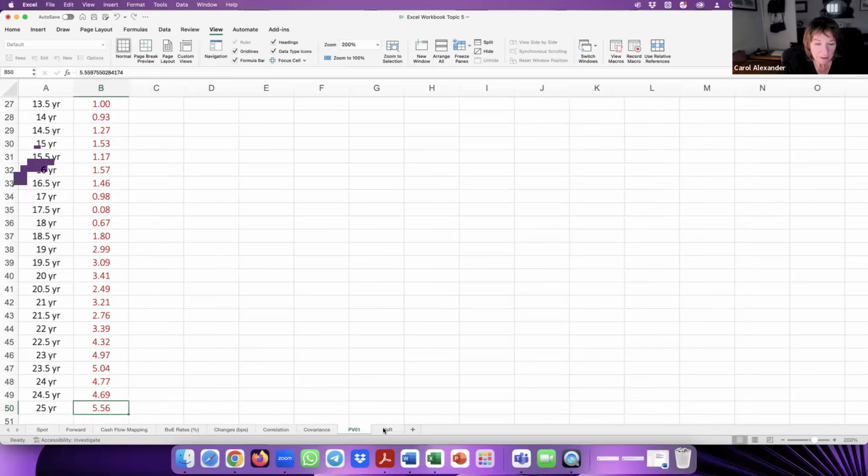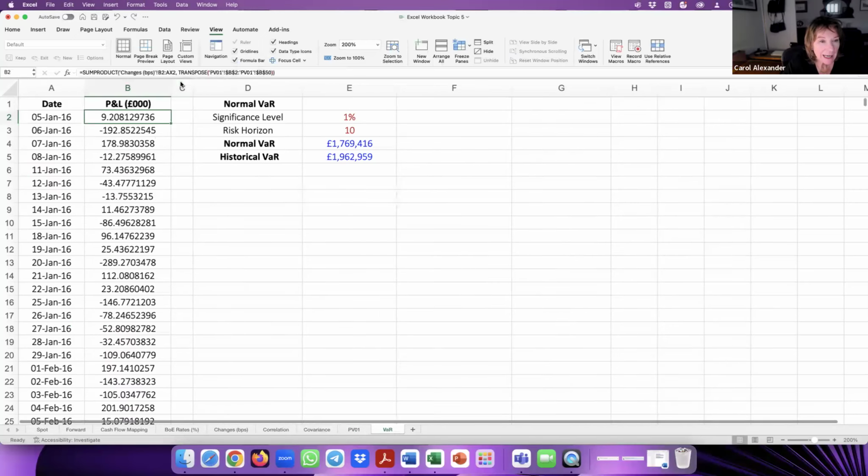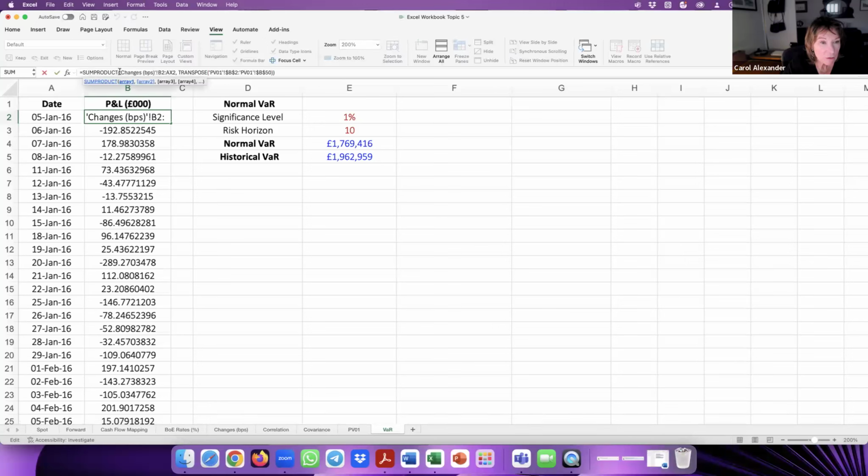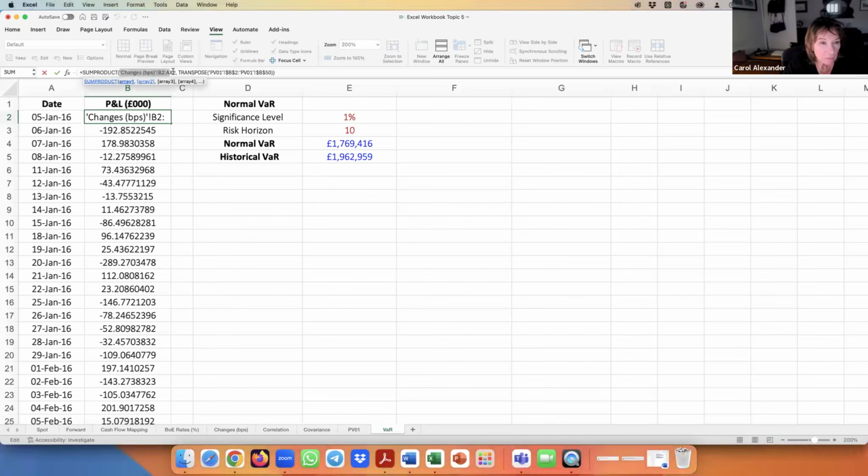So we fix those, and what we don't change is the row that we take from the changes data point. That's why I have to transpose that PVO1 vector, because we read through the changes as rows, and you can only do the sumproduct of 2 row vectors. Okay, I didn't have to use the sumproduct.